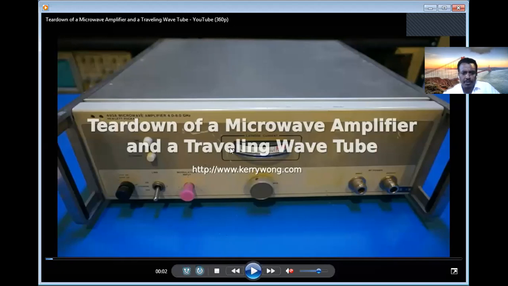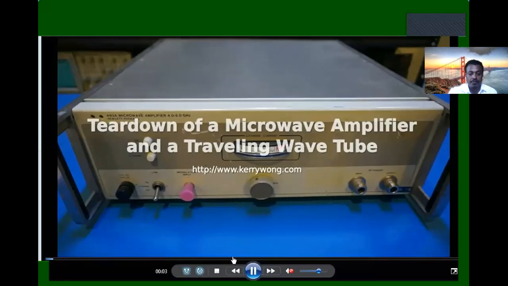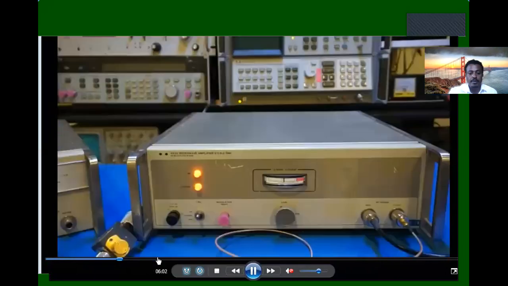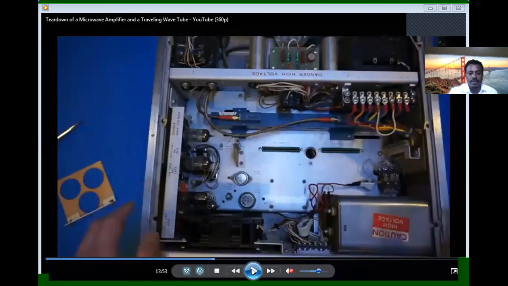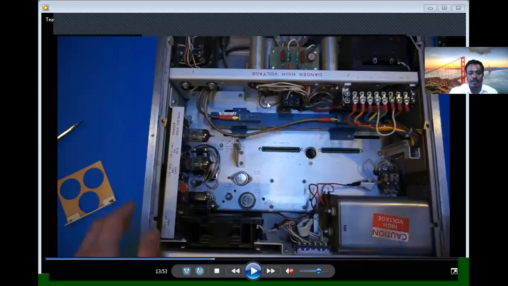This is a microwave amplifier, what we call the traveling wave tube amplifier. It is a very common high power amplifier. It is not a semiconductor amplifier. This is called a linear tube amplifier. As you can see here, inside there are supporting equipment, but this part is the traveling wave tube, TWT amplifier.